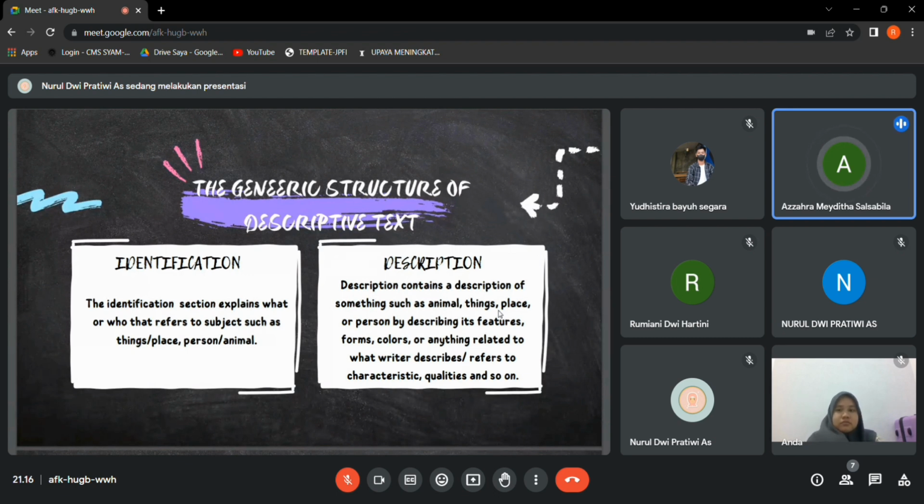The first one is identification. So the identification refers to the subject such as things, place, person, animal, and the description contains a description of something, animals, things, places, or persons by describing its features, forms, colors, or anything related to other types, referring to characteristics, qualities, and so on.